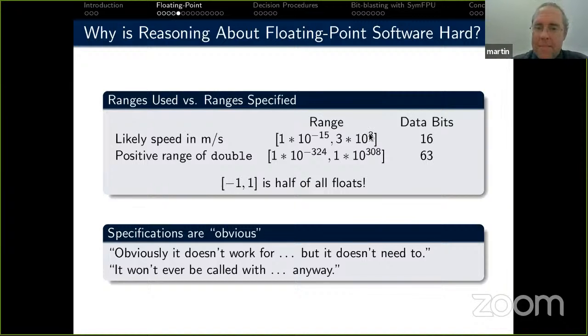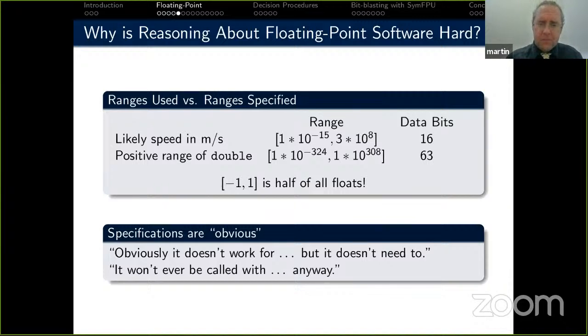Well, it's unlikely that your car will be going faster than the speed of light. Or if it is, there's probably a bug in the software rather than the car actually traveling that quickly. Likewise, you will probably be moving faster than 1 Planck length per second, or if you're moving more slowly than that, you're questioning how you're measuring it.